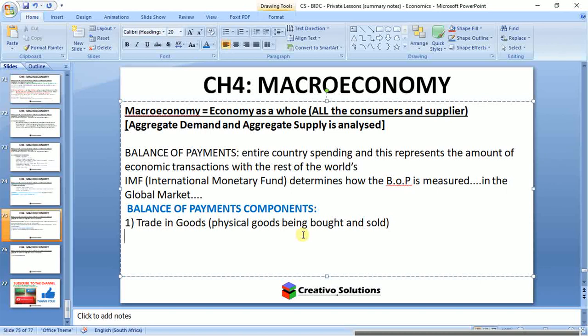Okay, so positive BOP, balance of payments, when export revenue is greater than import expenditure. That's something to consider.